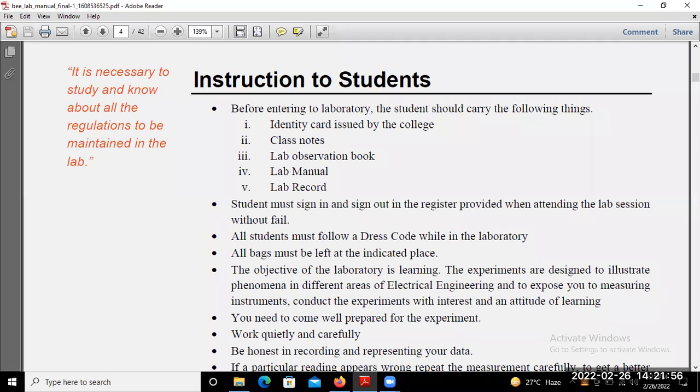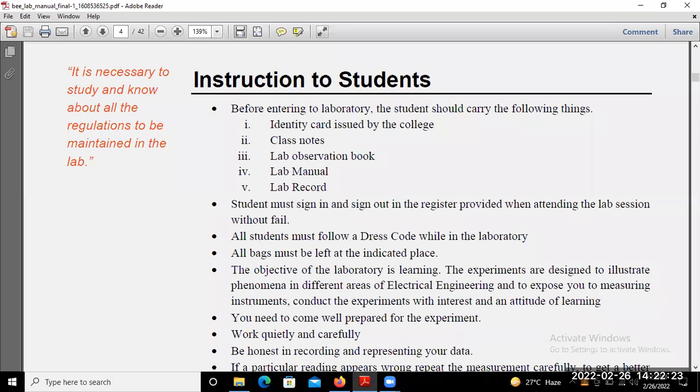The objective of the laboratory is learning. The experiments are designed to isolate the phenomena in different areas of electrical engineering and to expose you to measuring instruments, that means voltmeter, ammeter, and wattmeter, and to conduct the experiment with interest and an attitude of learning.